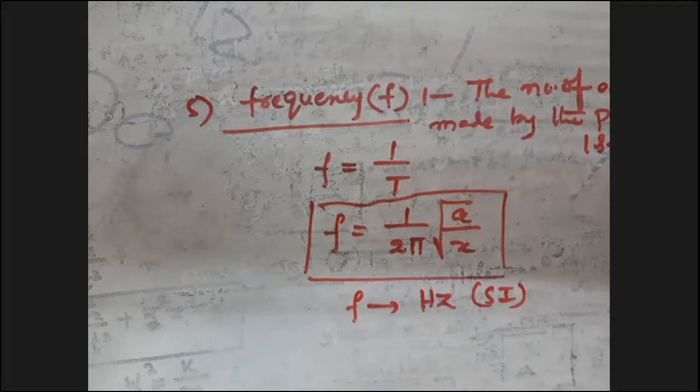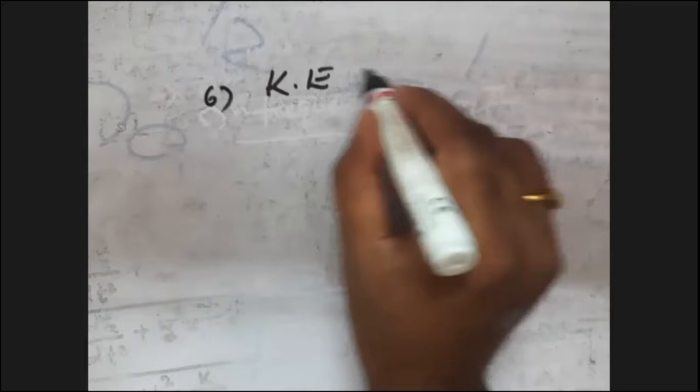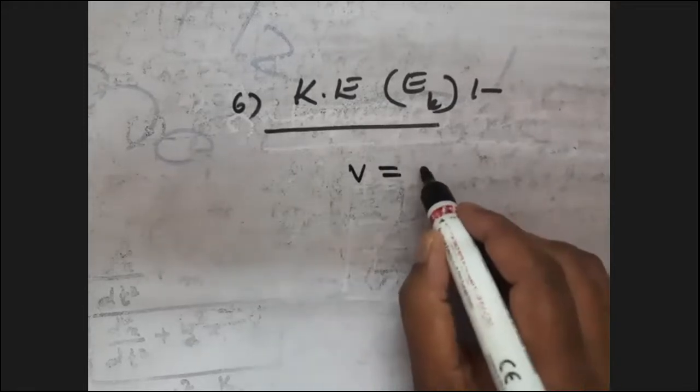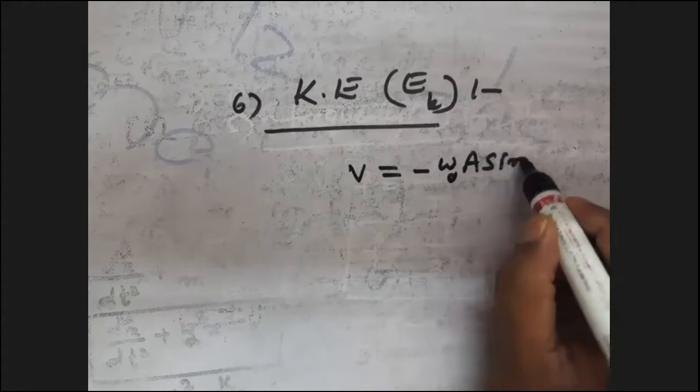Now, the expression for kinetic energy. The next physical characteristic is kinetic energy, the sixth one. Let us write it as EK. Since the particle is in motion, it is very clear that the particle possesses kinetic energy. What is the velocity of the particle at any instant of time? v equal to minus omega naught A sine omega naught t.